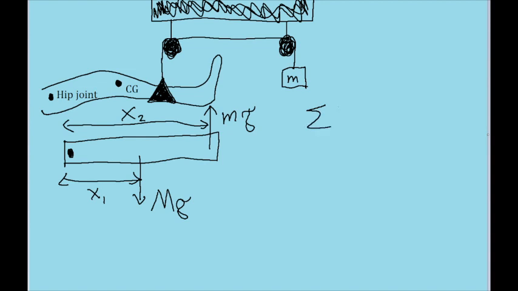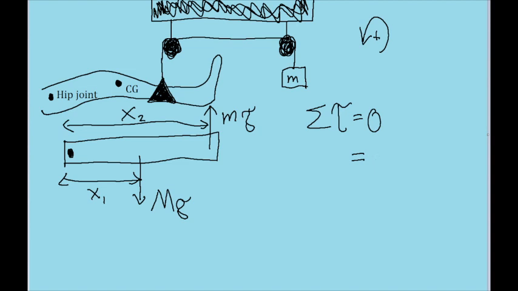Now, as we mentioned earlier, since the leg is not moving, it's going to be in equilibrium, which means that the net of all the torques is going to be 0. So let's go through each of the two torques. I'm going to use a standard coordinate system where counterclockwise is positive, which means that this mg right here, this force acting upwards, is going to cause the leg to tend to move in a counterclockwise direction. So I'm going to say that that force is positive.